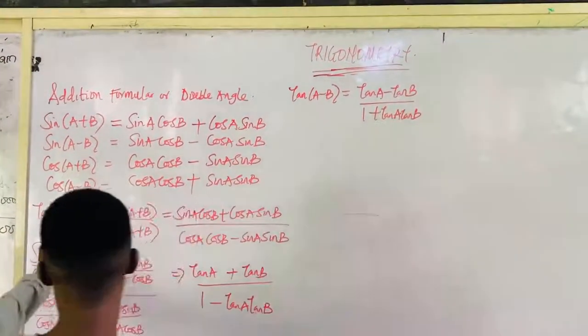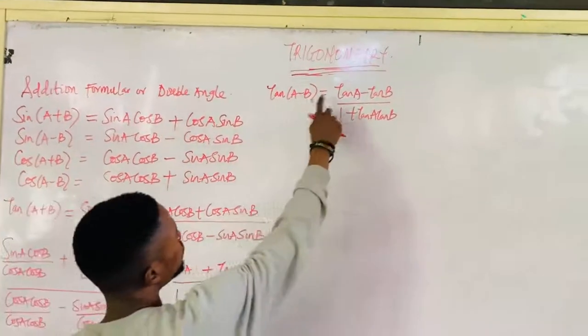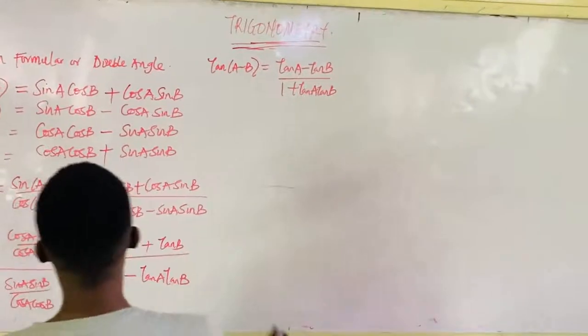If it is positive here, it should be positive and negative; if it is negative here, it should be negative and positive. Now what if it is cot?